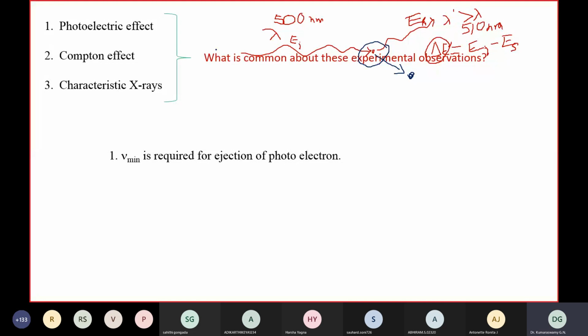What is the difference between threshold energy and work function? When we say threshold energy, that corresponds to the wave. That is the minimum energy that the wave should carry to liberate or eject an electron.